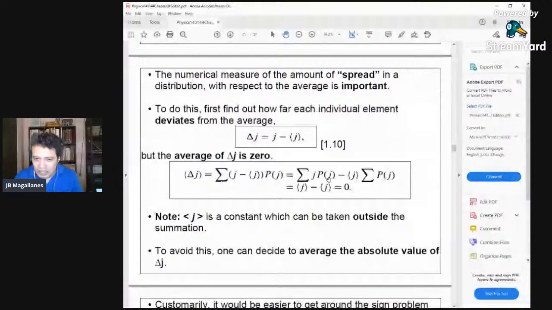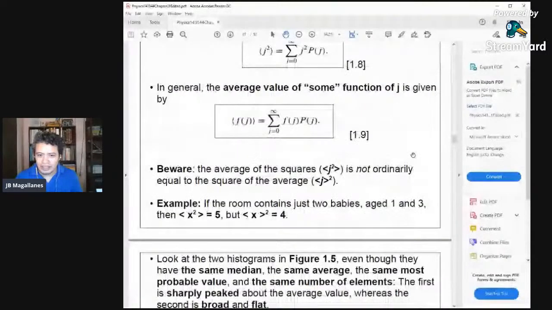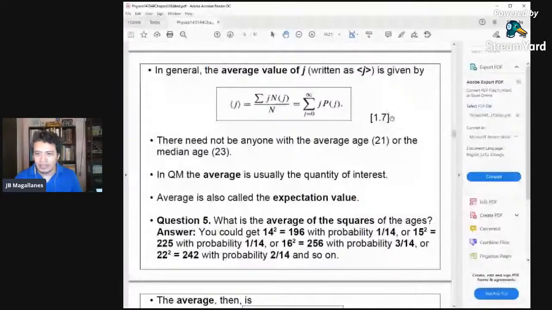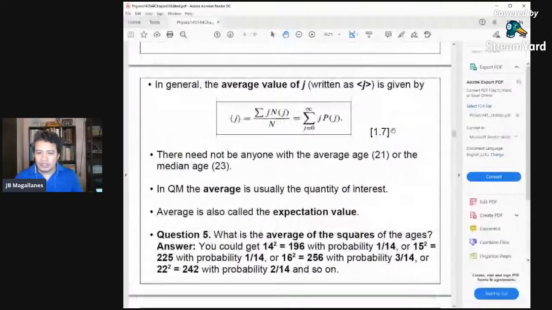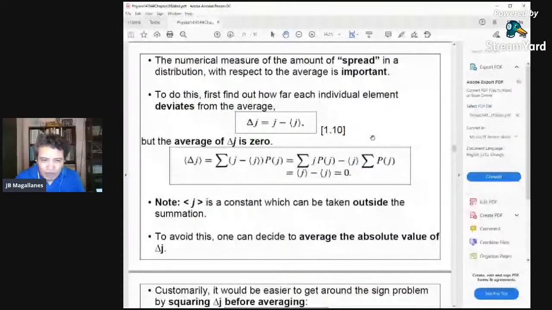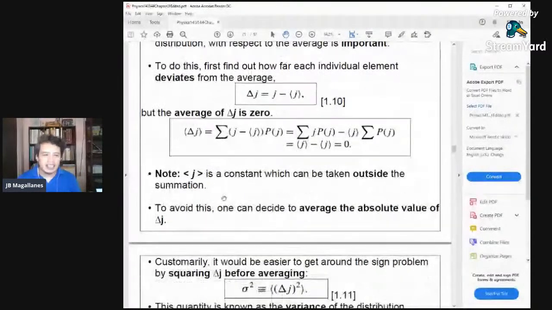And this one is just the average of J by virtue of equation 1.7. So you have the average of delta J is equal to 0. So it's a useless quantity to get the average of the deviations of the elements from its average.